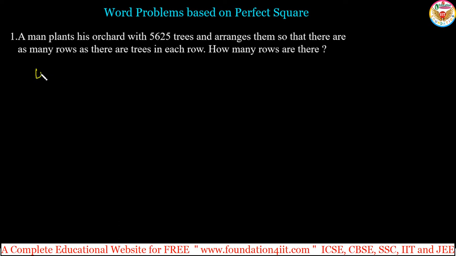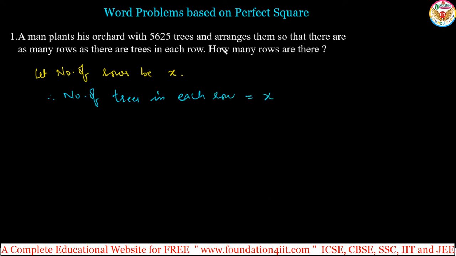So let the number of rows be x, and the number of trees in each row is the same, so the number of trees in each row also is x, because there are as many rows as there are trees in each row.